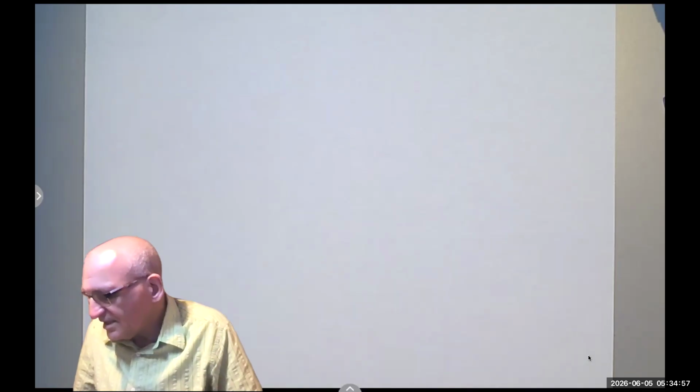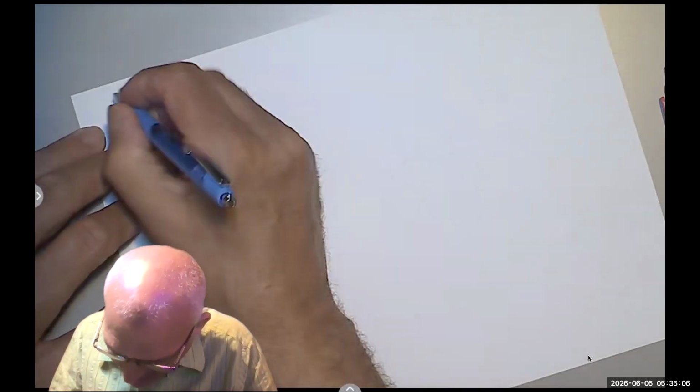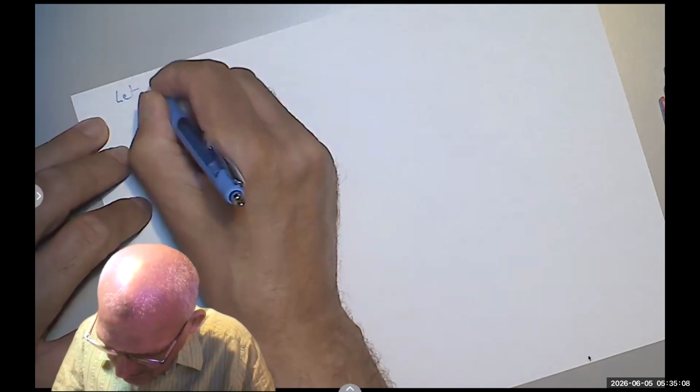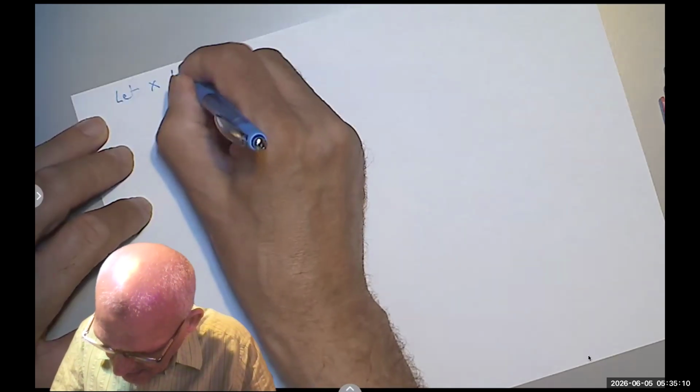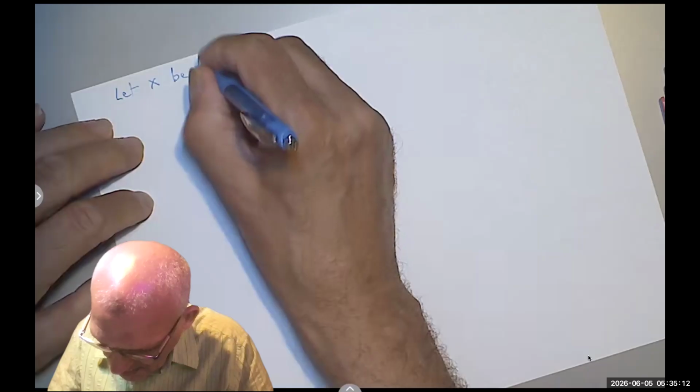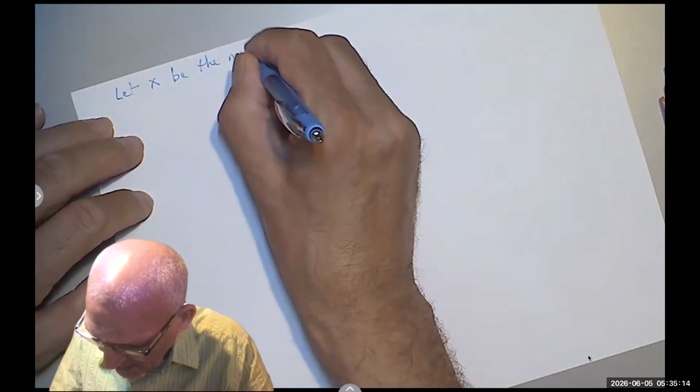But for now, let's concentrate on X, Y, and Z. So when I don't know what number you thought of, I would say, let X be the number you thought of.